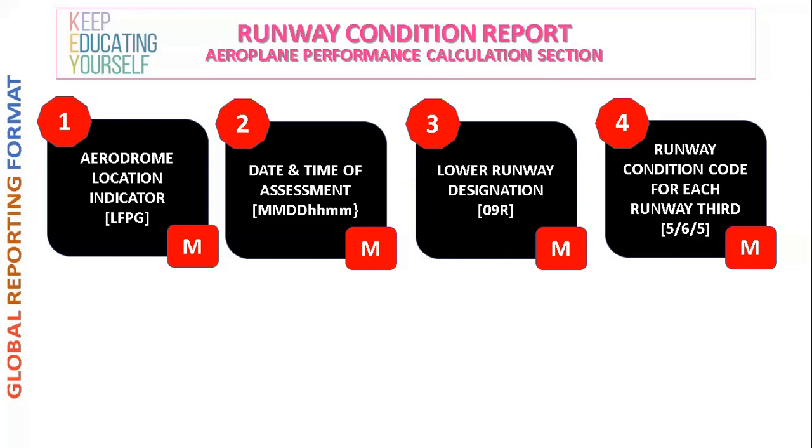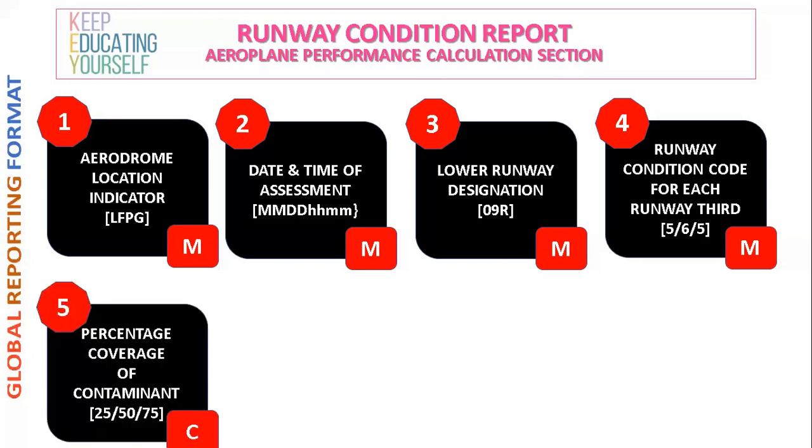The direction for listing runway thirds, as I have already told, is from the lower designator runway only. This is a group of 3 characters separated by a slash. The first 5 is for the first third of the runway, the second third is 6, and the third third is 5.